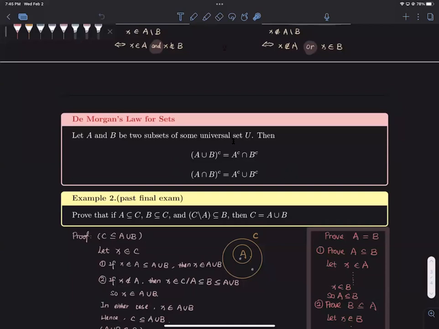Oh, not quiz. Last semester's midterm or something. You can only use De Morgan's laws for sets. You cannot use De Morgan's law for logic yet. Not yet. You're not there yet. What's De Morgan's law? This is De Morgan's law here.